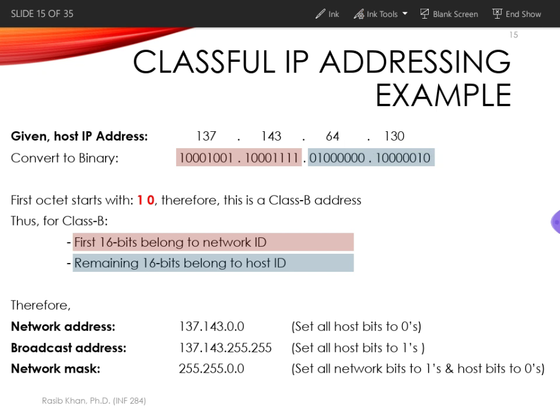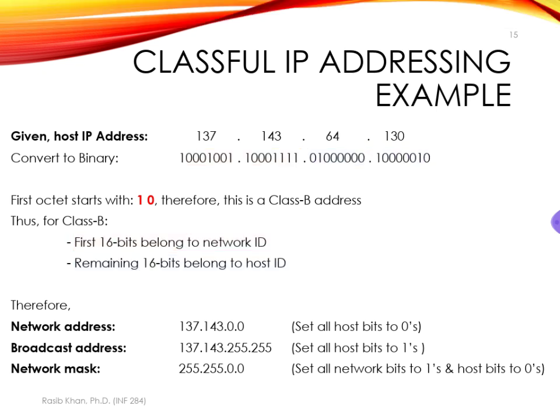Taking it from here, we will first calculate the network address, where we just set all host bits to zeros and calculate the equivalent decimal values, where we already know 137.143 to be the first part and the rest to be zeros. So we now know the network address.